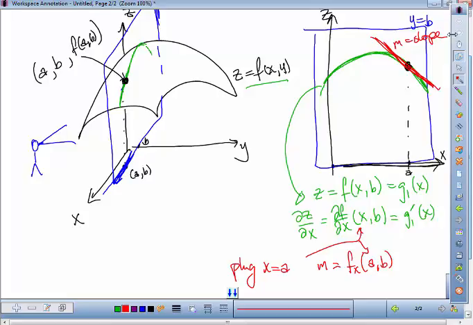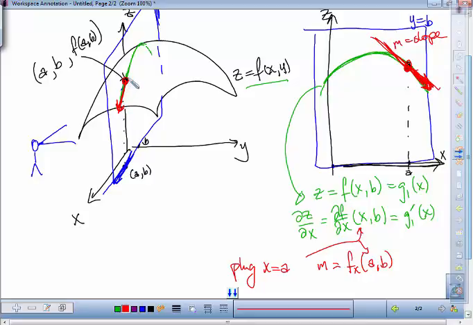Now, the thing is, I don't just want the slope. I actually want a vector out of this, and the magnitude of the vector doesn't matter as long as I have a vector, because this is what we're looking for.